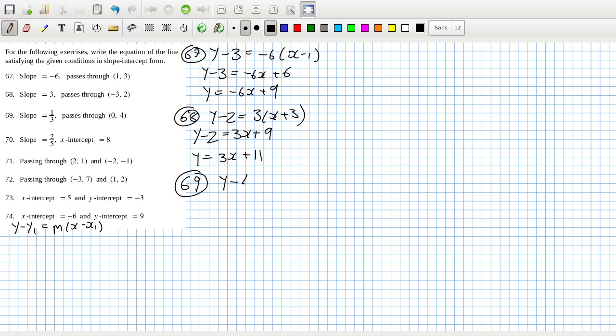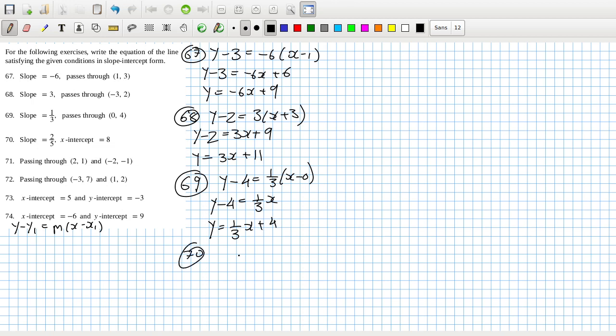Y minus 4 equals a third x minus 0. Y minus 4 equals a third x. Y equals a third x plus 4.